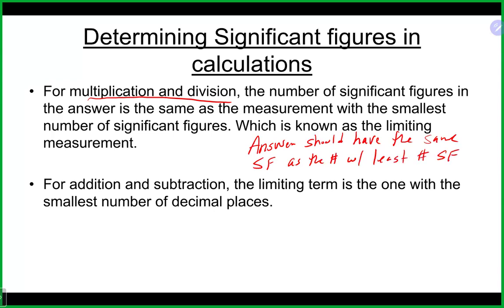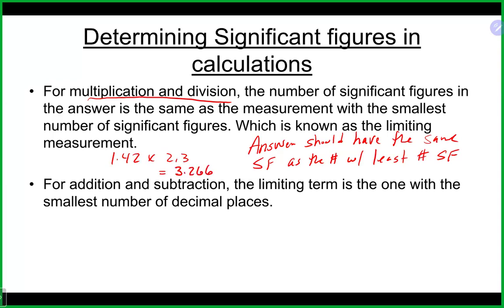So if you're multiplying or you're dividing, whichever number in that calculation that has the least number of significant figures is really what your answer should be in terms of significant figures. So if I took 1.42 and times it by 2.3, and on my calculator, if I do that, 1.42 times 2.3, we will get 3.266.